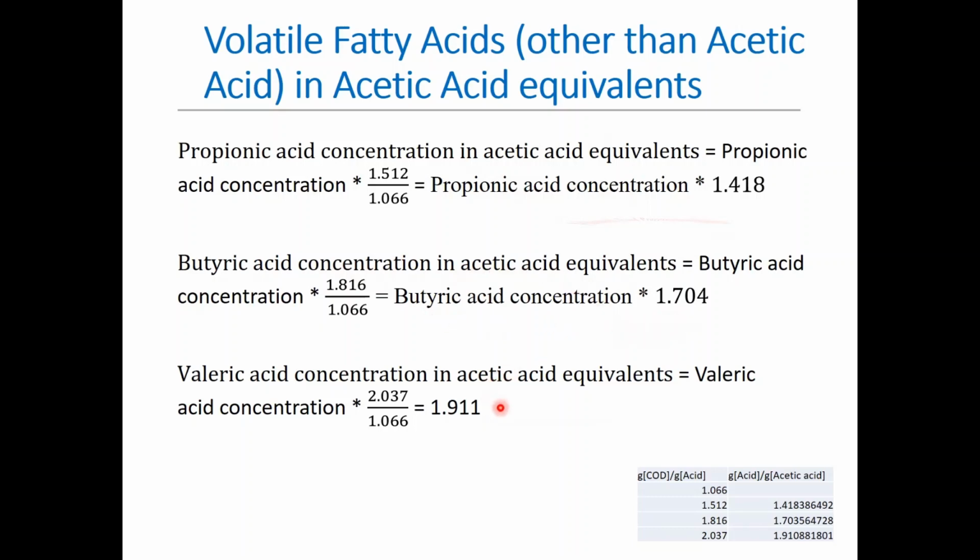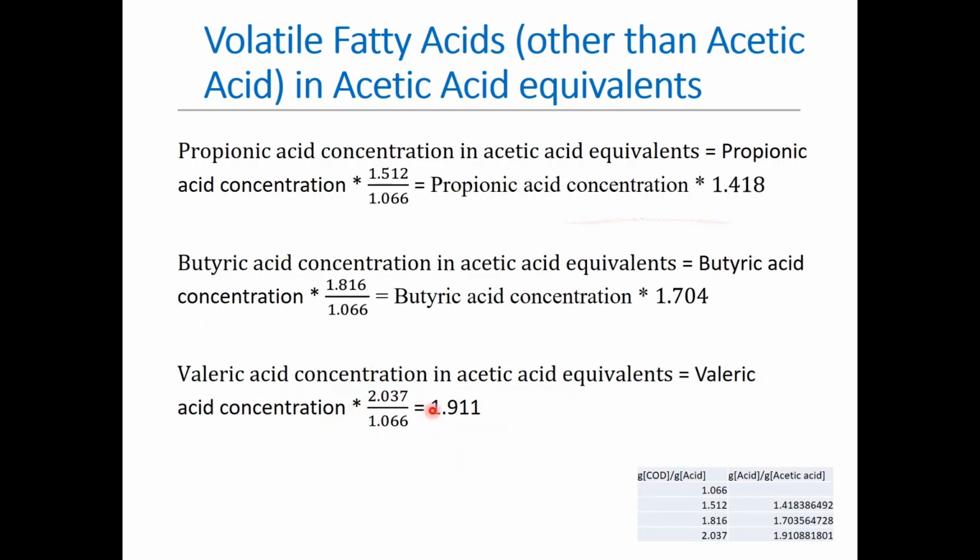And of course, here, the valeric acid concentration also will be valeric acid concentration times 1.9. So basically here, I think this is just a typo. You need to see that valeric acid concentration in acetic acid equivalent is equal to valeric acid concentration times 1.11, which is this amount.